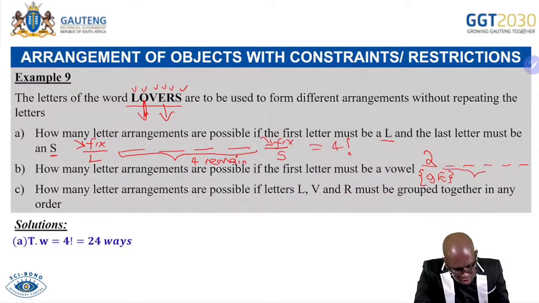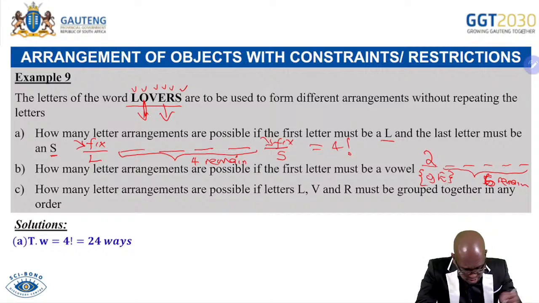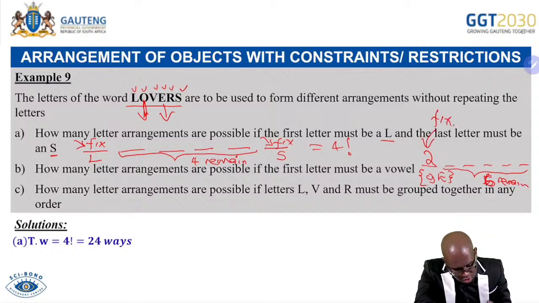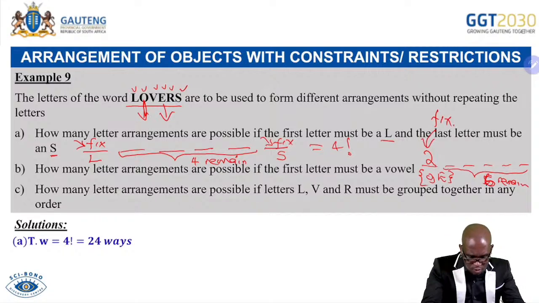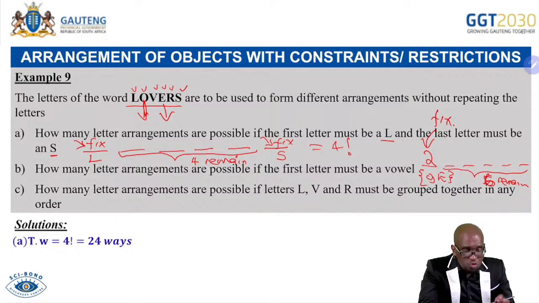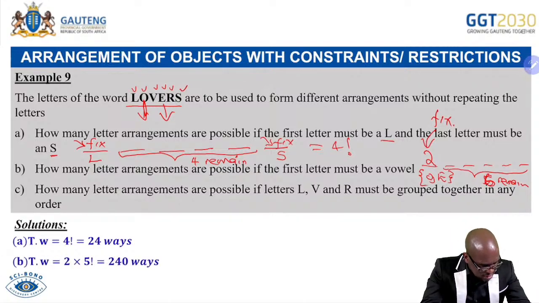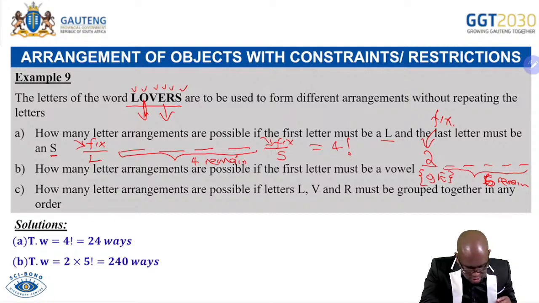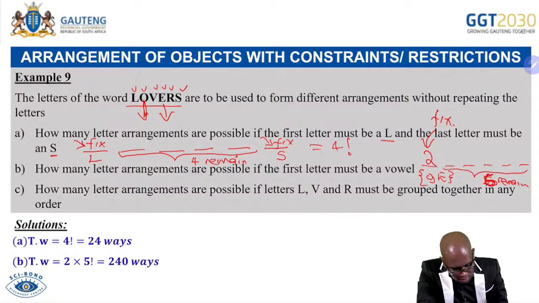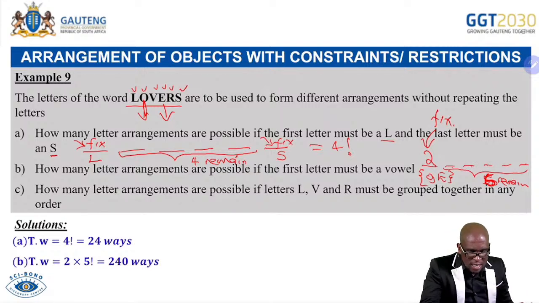And then you have the remaining letters, because 1 letter has been placed or fixed in the first position. You fixed 1, but you had 2 options of doing that. So this should be 2 times what? Let me see, 1, 2, 3, 4, 5, 6. It should be 2 times 5 factorial, because 1, 2, 3, 4, 5 remain. You've used 1 in the first position, and then you have 5 factorial for the remaining ones.